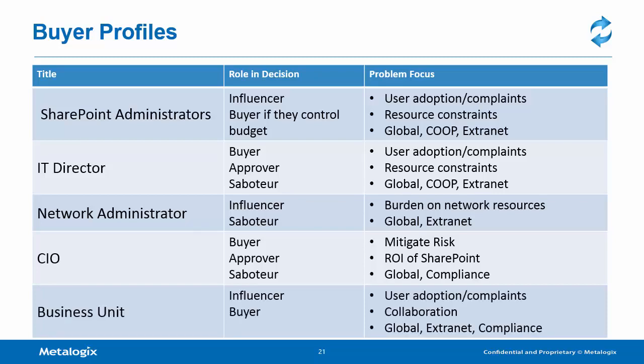Speaking of regulation, during the Replicator sales cycle, you might be working specifically with a business unit or a business stakeholder from a subset of the organization. In many cases, these are the groups that are gaining the value from SharePoint and they want to take full advantage of synchronization.